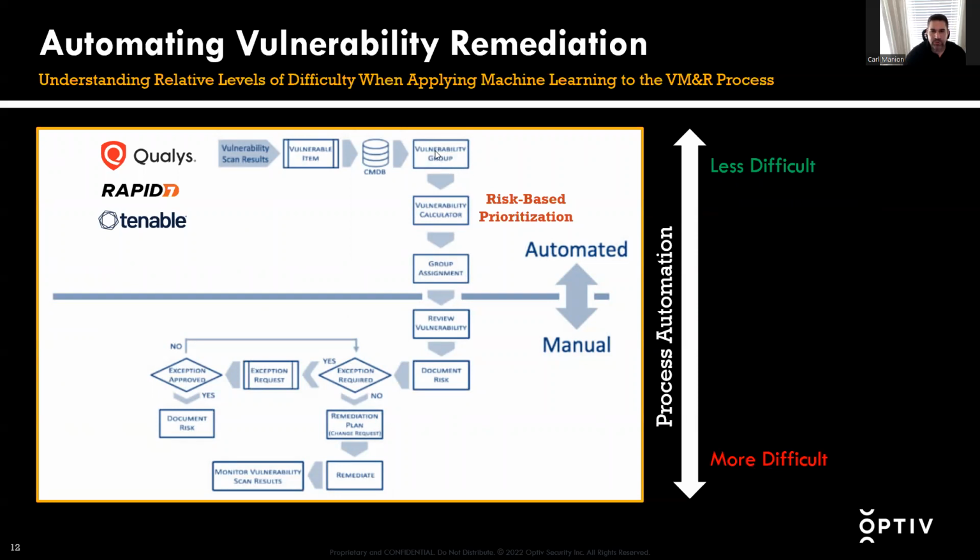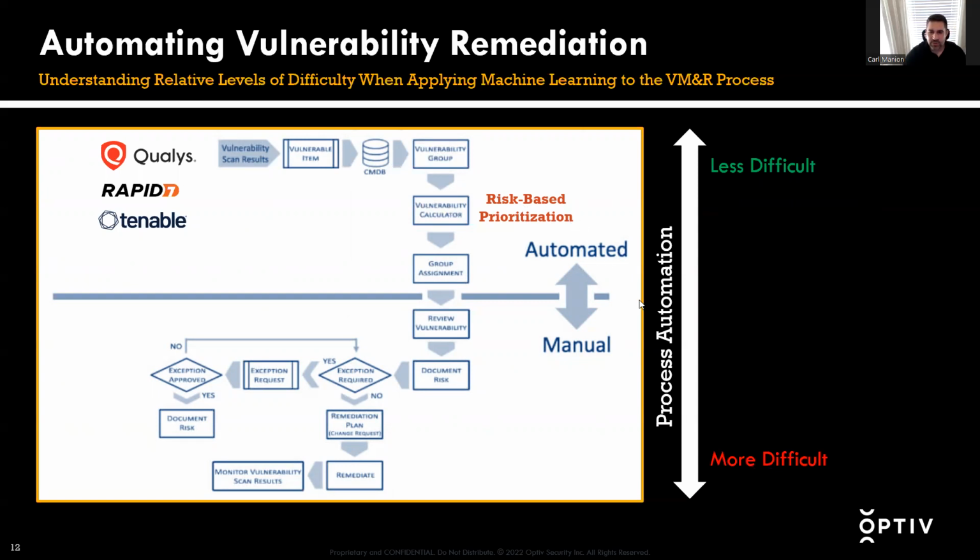So you can group things together by assets that have those vulnerabilities and say, based on that information, I'm going to put a higher risk score on those using risk-based prioritization, using a vulnerability calculator that you build in. And so machine learning can be used to automate things like that fairly easily.